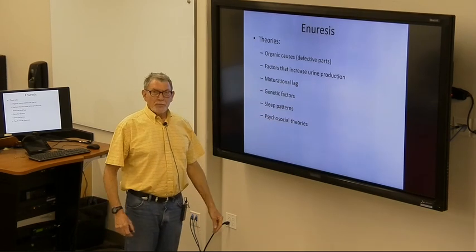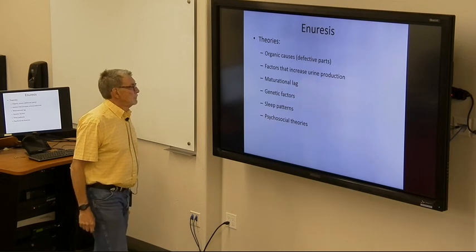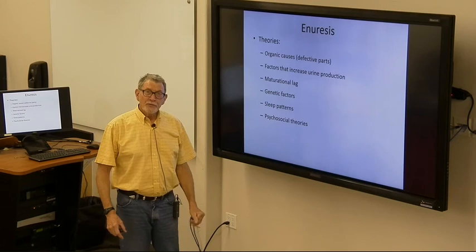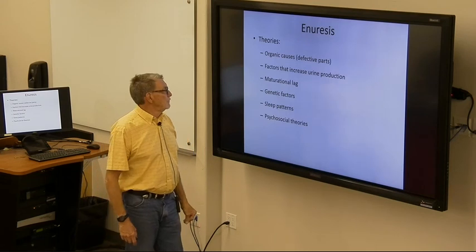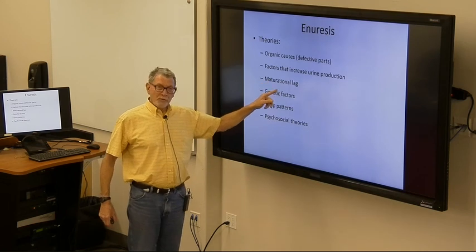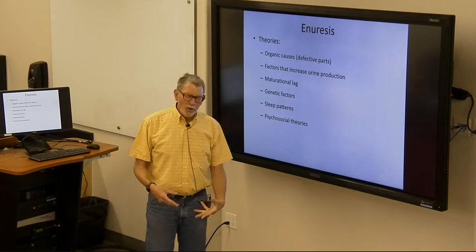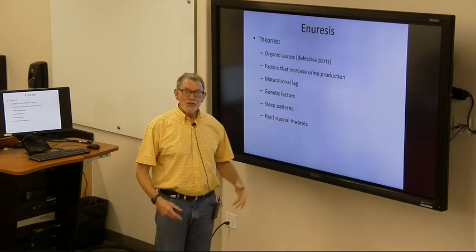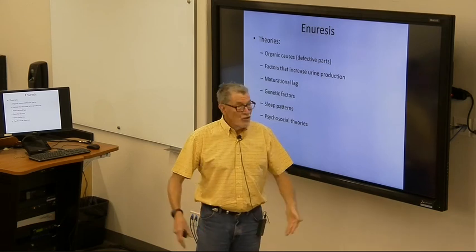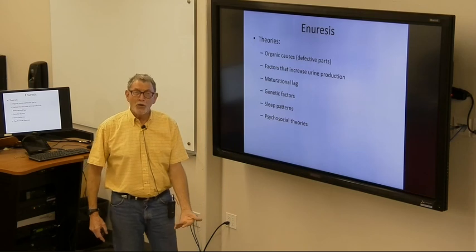Defective parts, you don't have a sphincter that actually does work right. Something that might make you make urine too fast. Haven't developed the ability to control yet because the parts, they're not defective. They just, even at age 4, you still have that inhibition that prevents you from controlling it because you haven't developed that far yet, but you will.